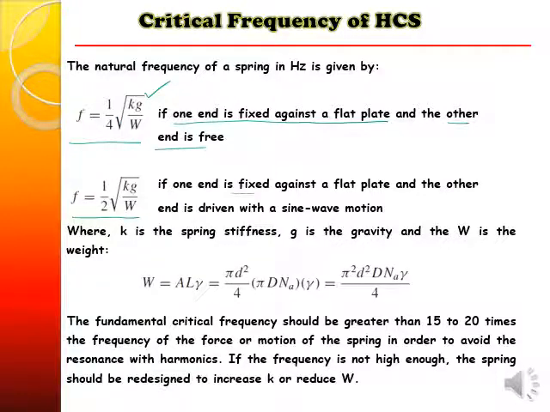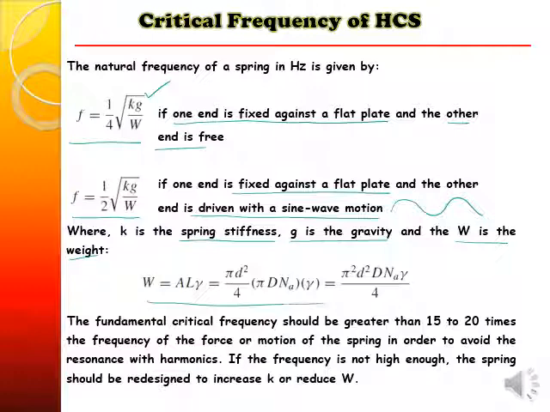If one end is fixed against a flat plate and the other is driven with a sine wave motion, then this is the equation. Here K is the spring stiffness, and we have the equation before. G is the gravity, and W is the weight, which you can calculate using this.